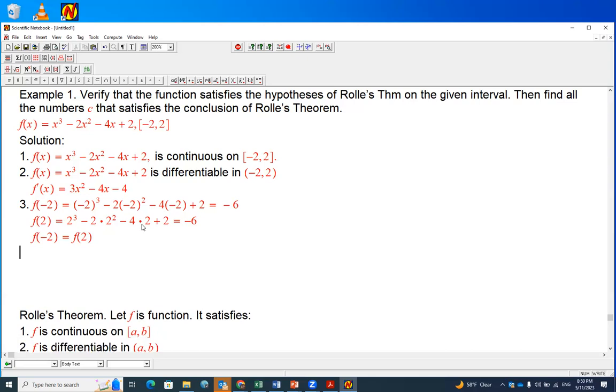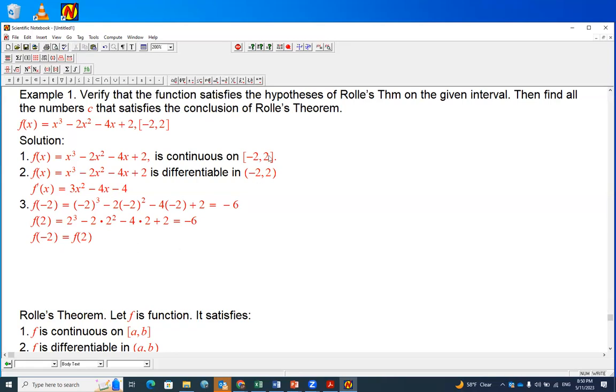Now you say, isn't that obvious? Yes, true. In a lot of cases, when you're showing mathematical work, you point out the most obvious to make your case. So all 3 conditions are satisfied, and that's how you demonstrate it. You mention it even though it is so obvious, because we want you to verify all 3 hypotheses are satisfied.